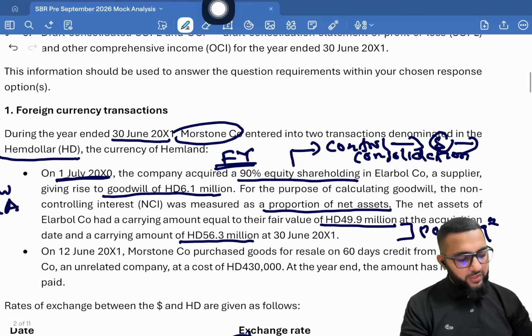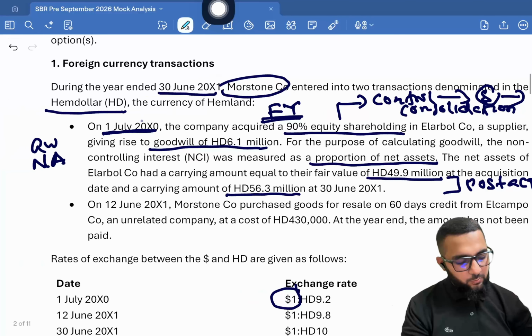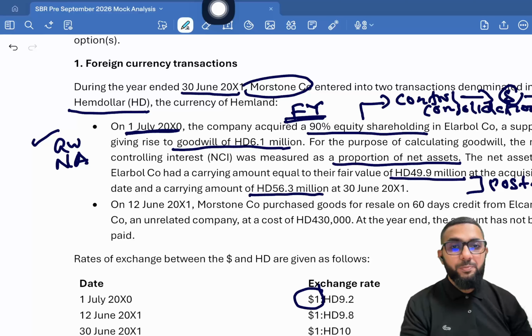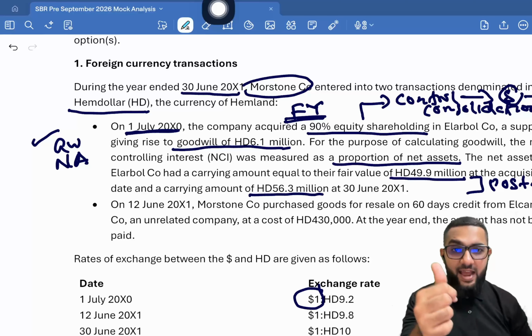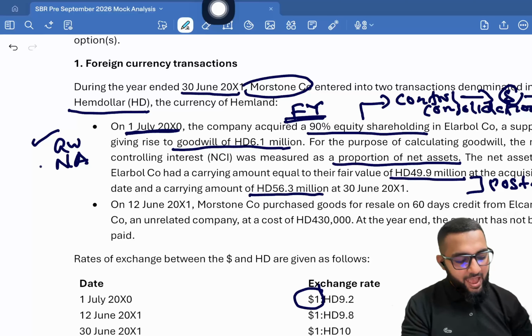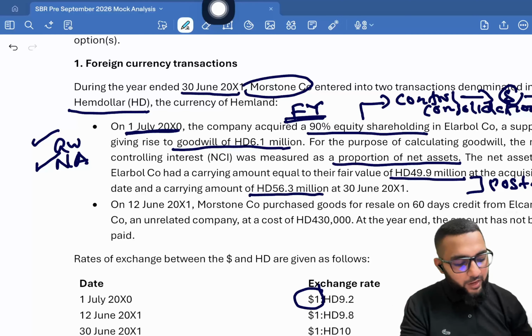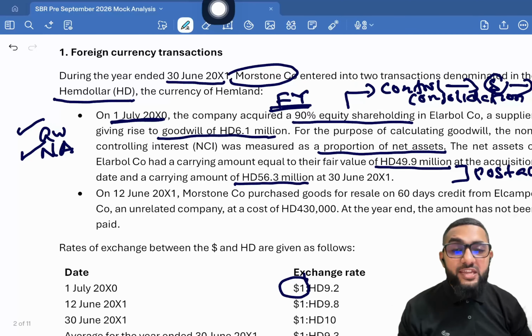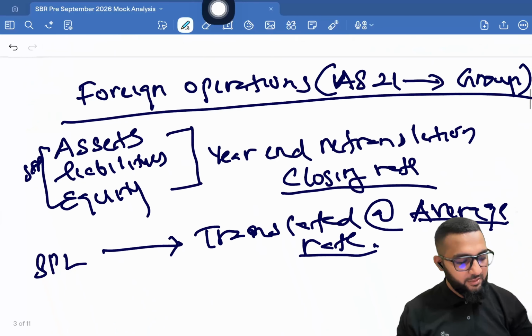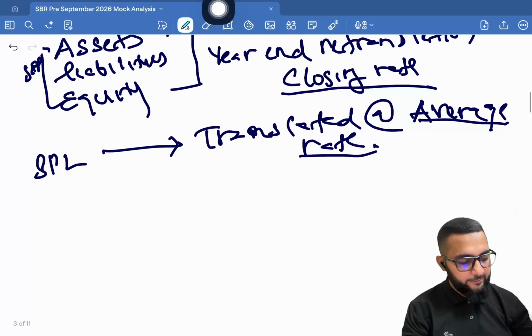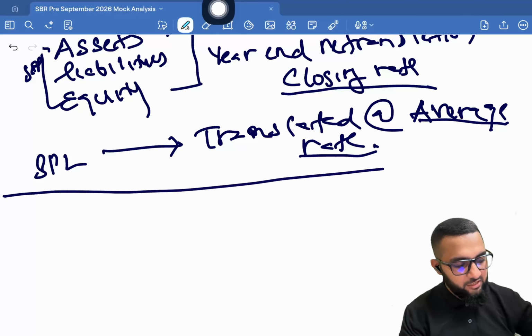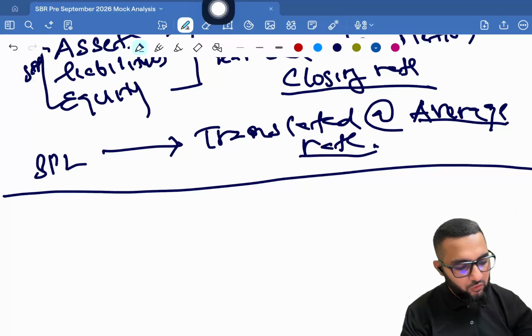Now we know that in this case, both goodwill, being an asset arising as a result of foreign operations, and the net assets of the subsidiary will be retranslated. So in this question situation, you have your goodwill.